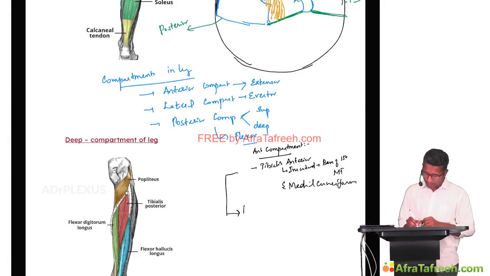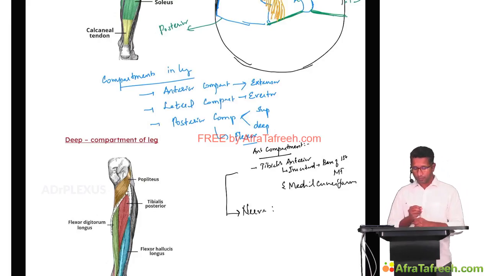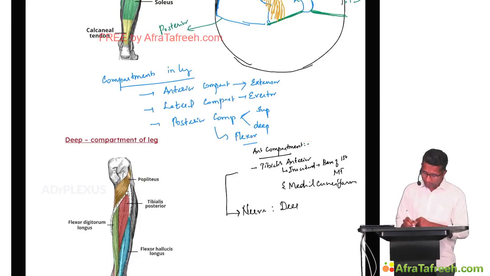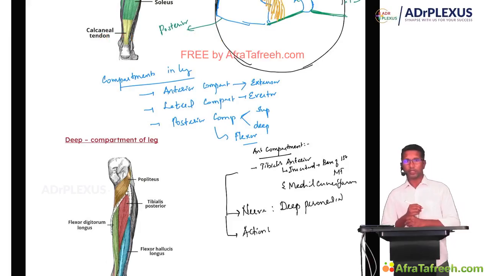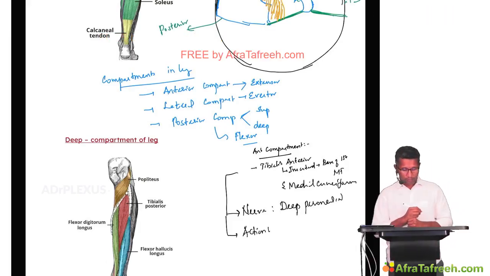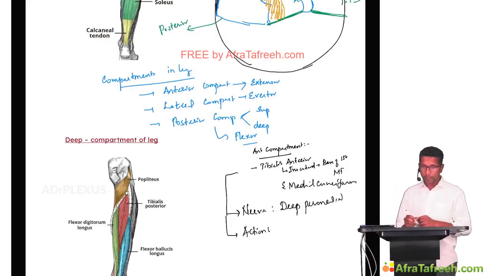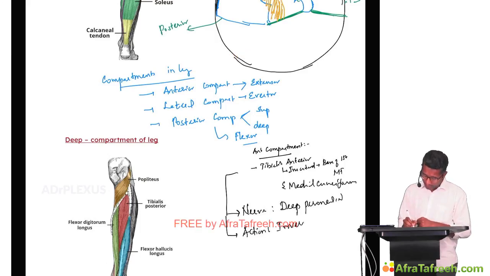The nerve supply of the tibialis anterior muscle is the deep peroneal nerve. The action of the tibialis anterior is mainly inversion of the foot.